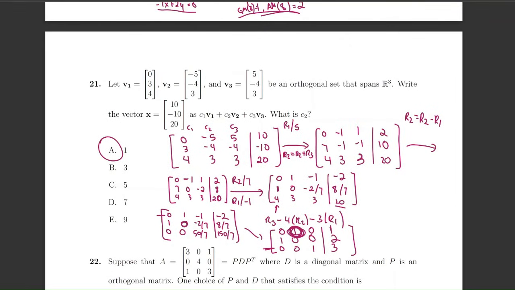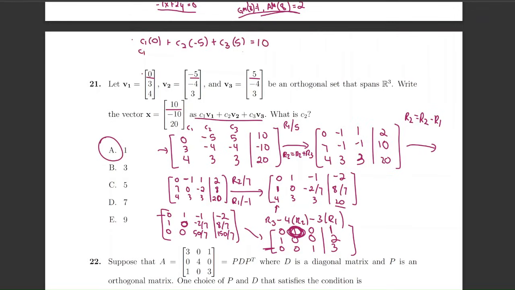As a side note, if you have forgotten why we put things in augmented matrix form like this: when we have C1 times V1 plus C2 times V2 plus C3 times V3, we really just have a system of equations. If we look at the top terms, we have C1 times 0, plus C2 times negative 5, plus C3 times 5 equals 10.